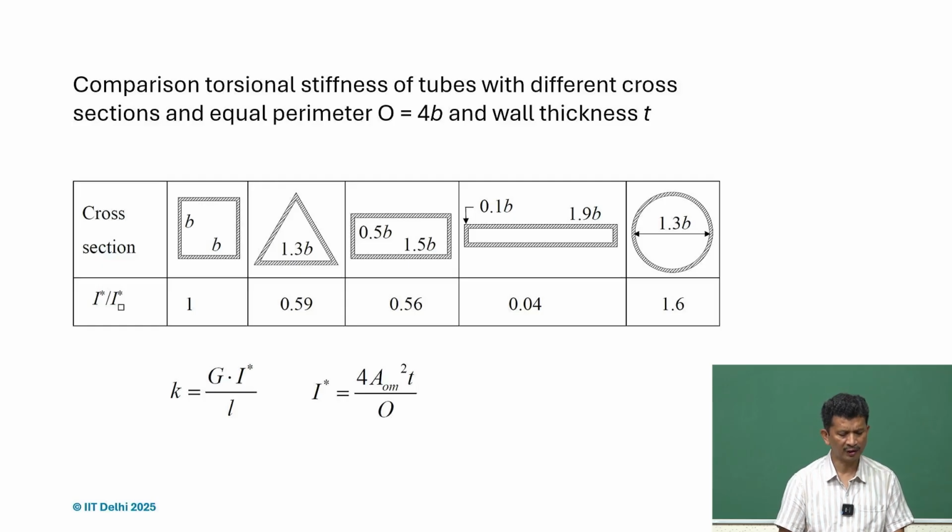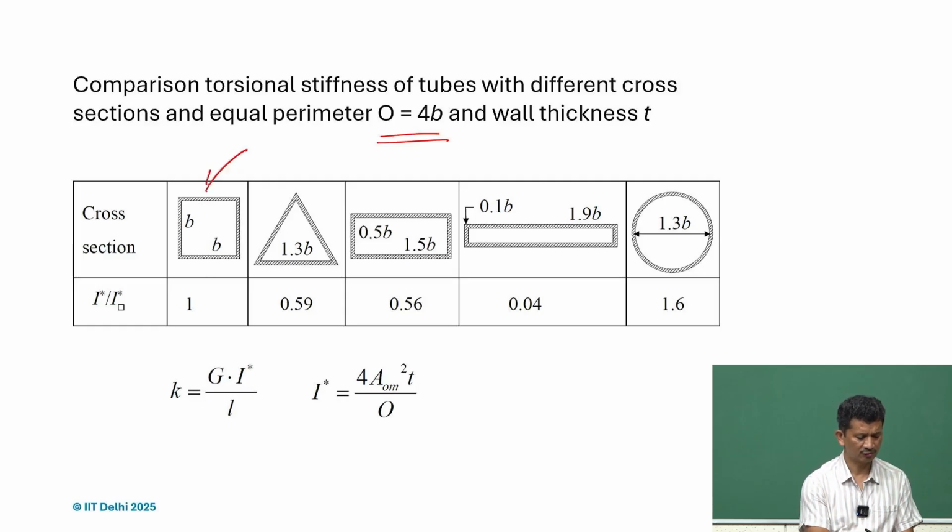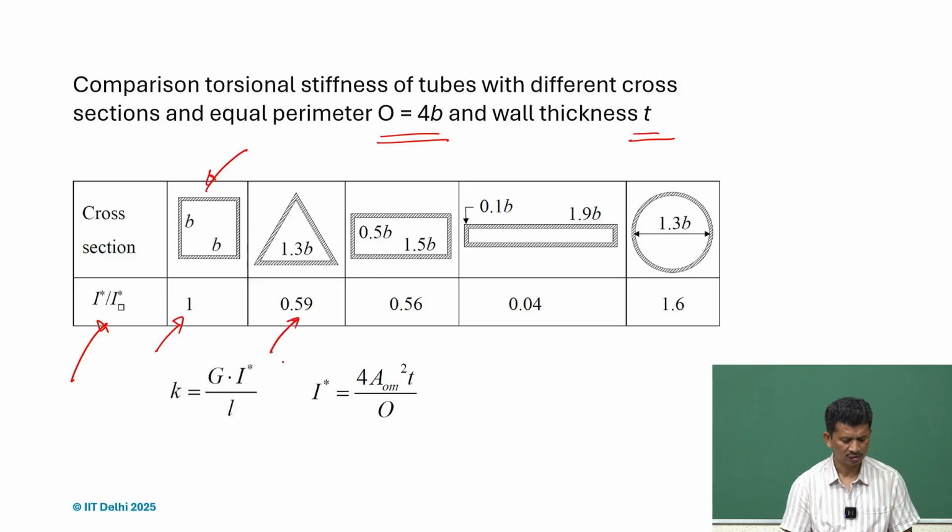In order to compare, we can again do a similar thing, comparing with respect to a square cross section of side 4B and thickness T, and we try to redistribute. So, in this case it is 1. If it's a triangular structure, it's reduced to 0.59.